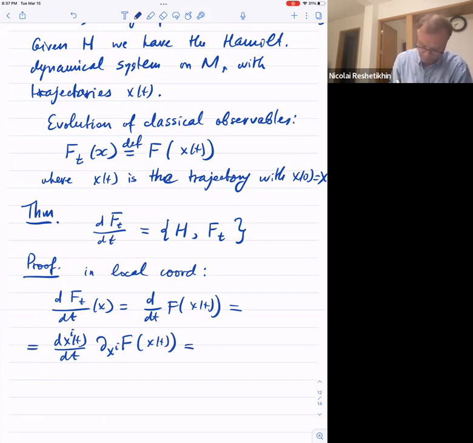But then we know that it's a Hamiltonian vector field, so this is equal to omega^{ij}(x(t)) dH/dx^j(x(t)) df/dx^i(x(t)).